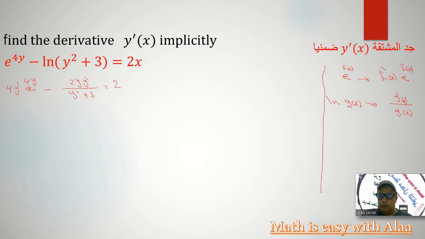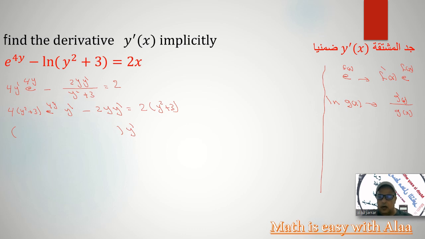Now multiply all the sides by y squared plus 3, so it will be 4(y squared plus 3) e to the power 4y y prime minus 2y y prime equal y squared plus 3. Take y prime as a common factor.